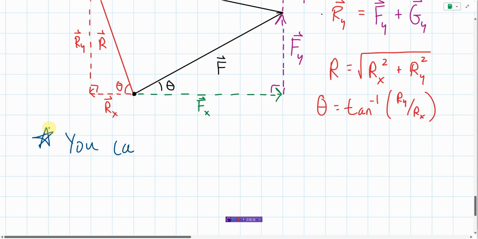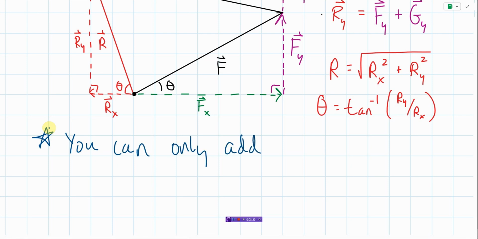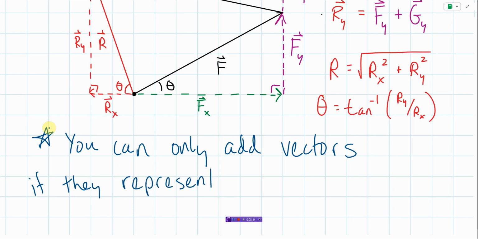You can only add vectors if they represent the same type of quantity. So don't go adding a velocity to an acceleration.